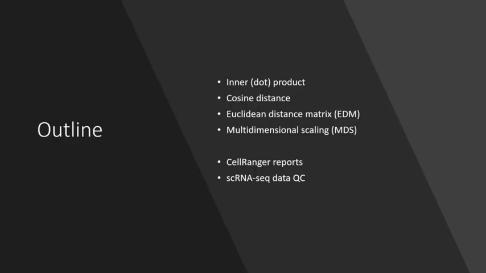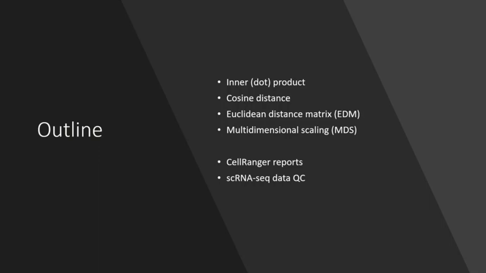We will go back to the inner product. You have done this: you have two vectors, and once you take the inner product, you get a scalar, a single number. We will revisit this operation and see what that means geometrically.